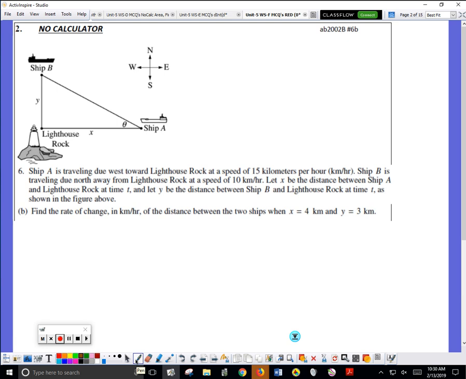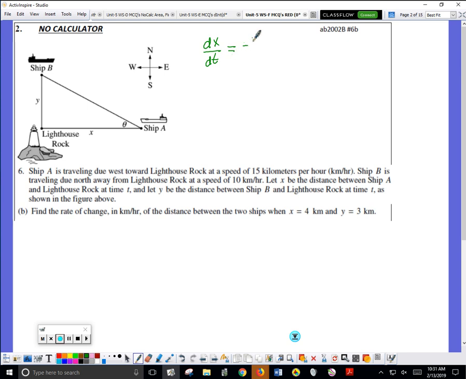In a related rate problem, it's better to think of distance instead of velocity. It's just easier. So I'm not going to write down that the velocity of the ship is 15 kilometers per hour. I'm going to write down dx/dt. Now remember, dx/dt doesn't mean x. Sorry, Elijah, 1 second. dx/dt means how fast is x changing. Is x getting bigger or smaller? Smaller.